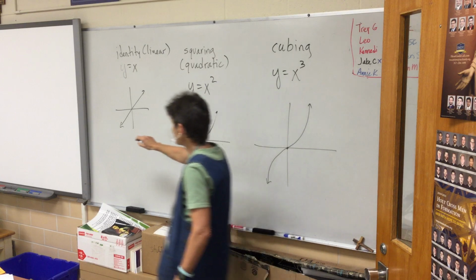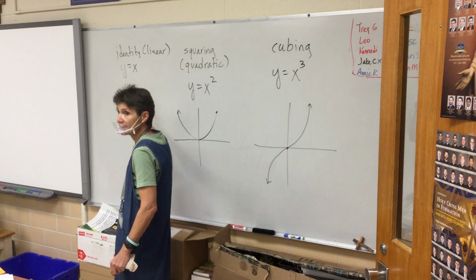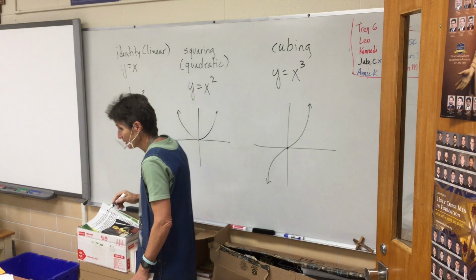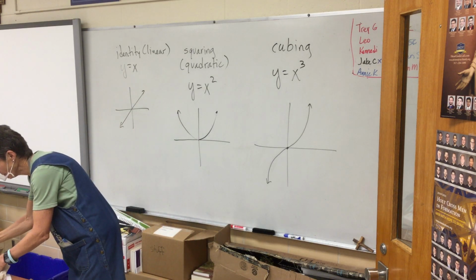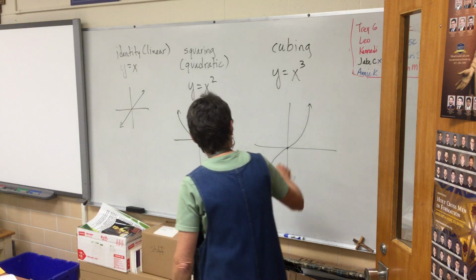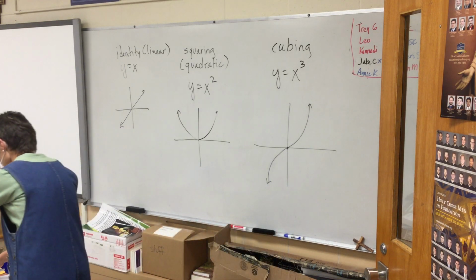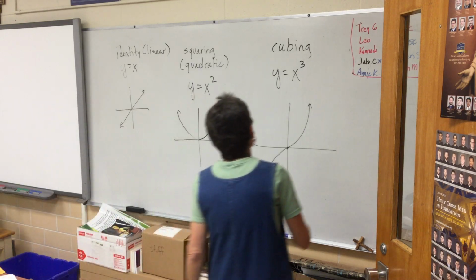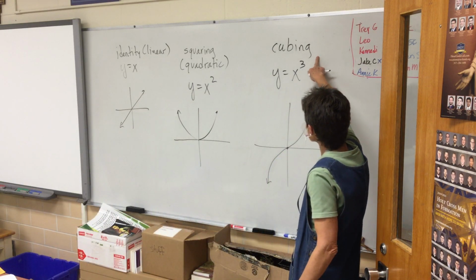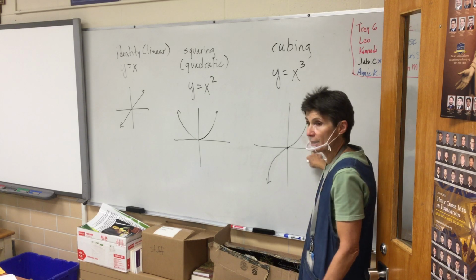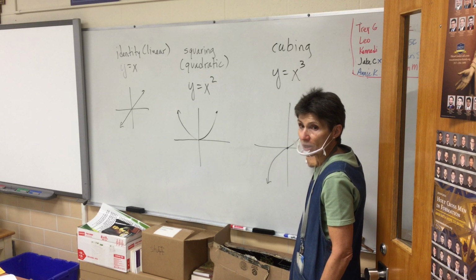Because if you draw it too straight, it will look like the identity, right? So we want to make sure that you're getting a good squiggle in there. On one side of your note card it says cubing and y equals x cubed, and on the other side you have this squiggly shape.